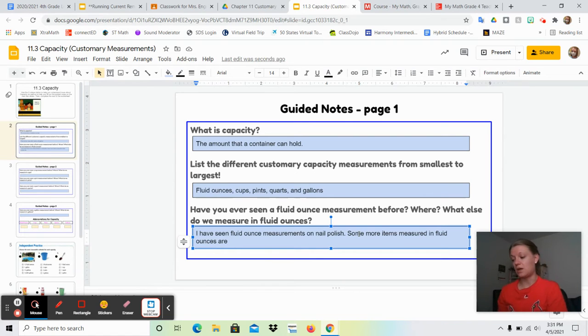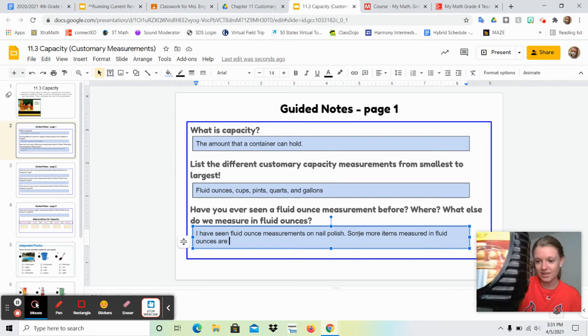So it has to do with baking. This salad dressing, look at this. It's got 16 fluid ounces. And over here, let's see, what else do I have? Maple syrup.